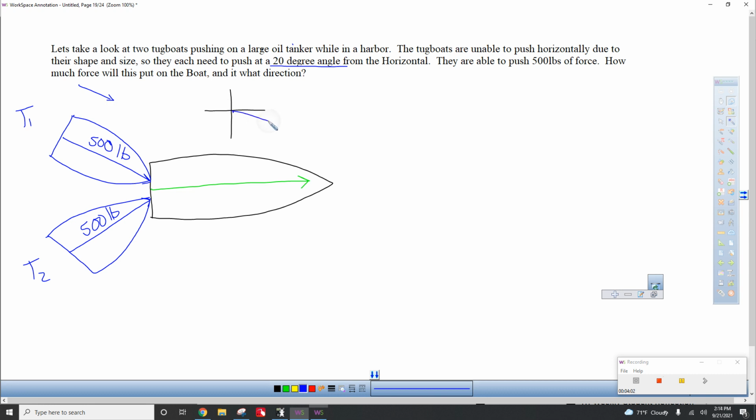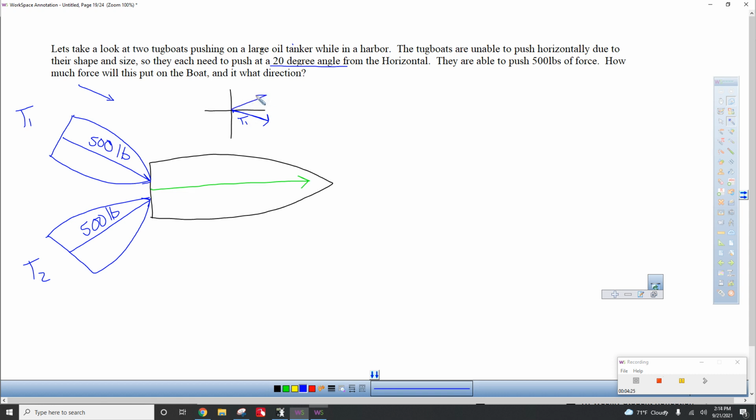So that is going to be what T1 looks like on the coordinate plane if it started at the origin. And this is so weird because these things are about ready to flip upside down. Now, T2, on the other hand, is 20 degrees, but it's going right and up.